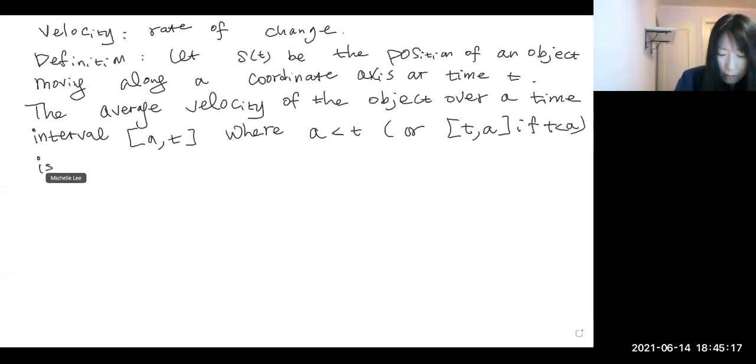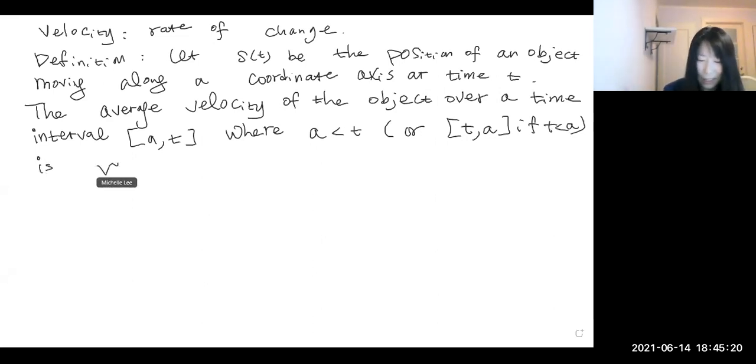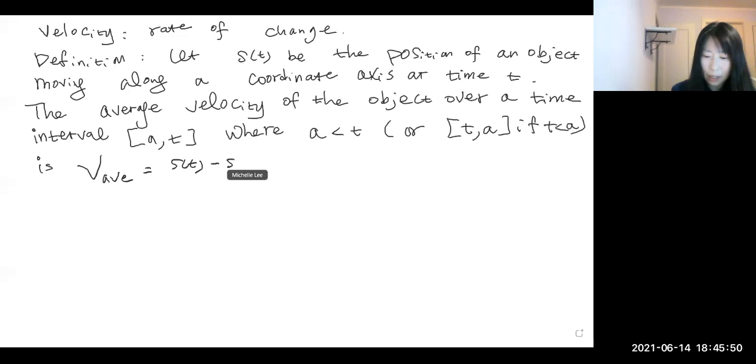Okay, we denote average velocity like this way, V average. Then this is the same as the slope, which is rate of change. Look, S of t minus S of a, right? Over t minus a. Okay.